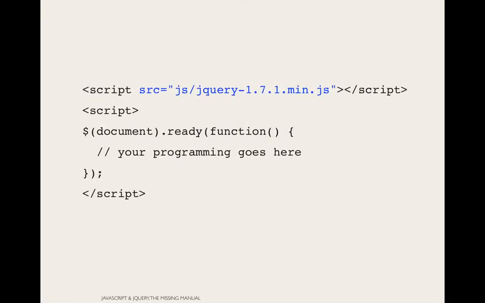So, we link to jQuery in our document with a script tag, source equals, just like any JavaScript that you're pulling in that you've authored. And then you use the jQuery ready function versus the normal window load function we've been using so far. I'll go into this a bit more in a minute, but basically jQuery is a little bit smarter about how it works.